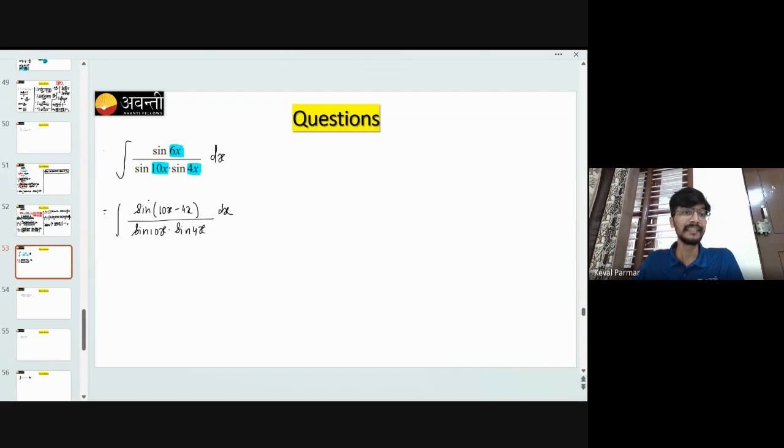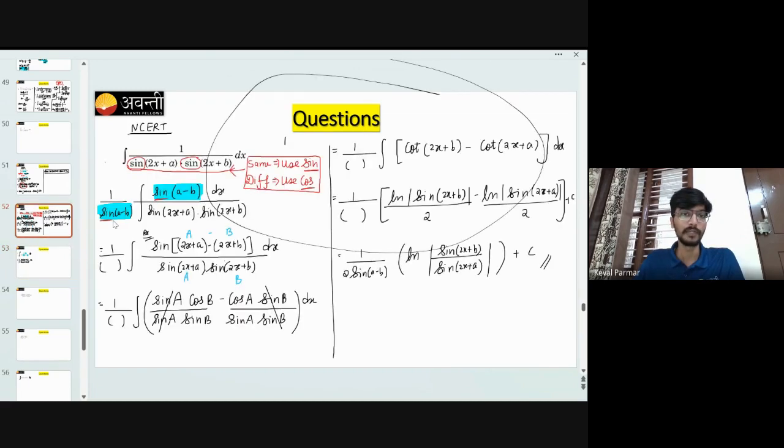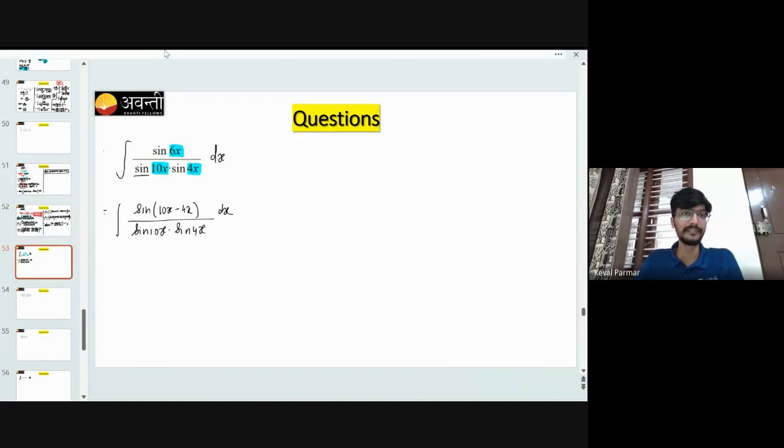Got it? See here, यहाँ पे क्या बोला था मैंने? सेम है तो यूज साइन. डिनोमिनेटर में देखो, सी इट इज सेम, साइन साइन, दैट मीन्स न्यूमरेटर में भी साइन है. इट इज ऑटो एडजस्टेड. अगर न्यूमरेटर में कॉस होता, इफ वी वुड हैव कॉस, देन द क्वेश्चन वुड नॉट बी सॉल्वेबल. So in numerator I can write sin a minus b.